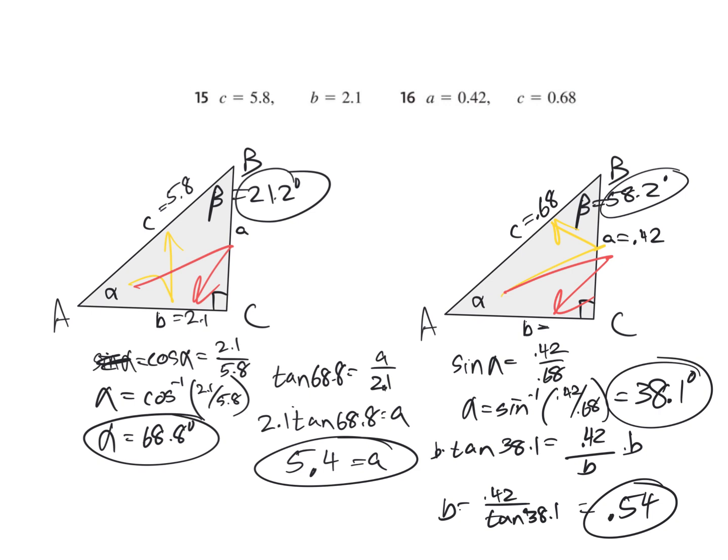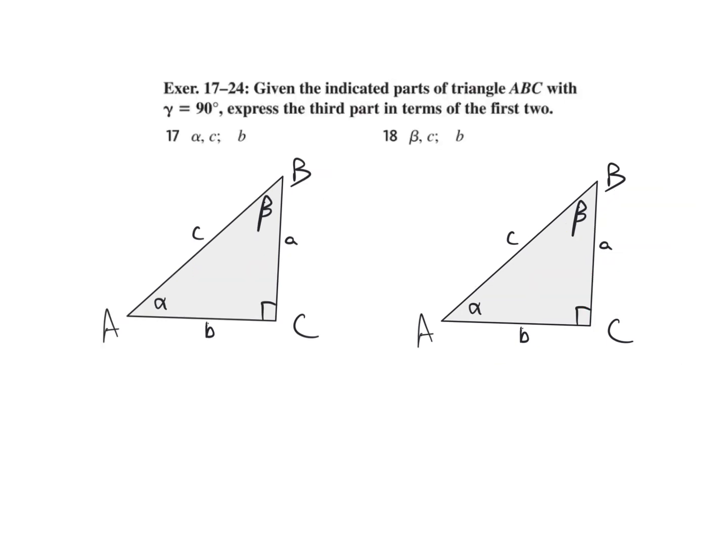Moving on to number 17. Given the indicated parts of a triangle ABC, 90-degree angle, express the third part in terms of the first two. So we want to solve for B, and we're going to use alpha and C, the hypotenuse. So those three pieces would be the adjacent leg and hypotenuse.